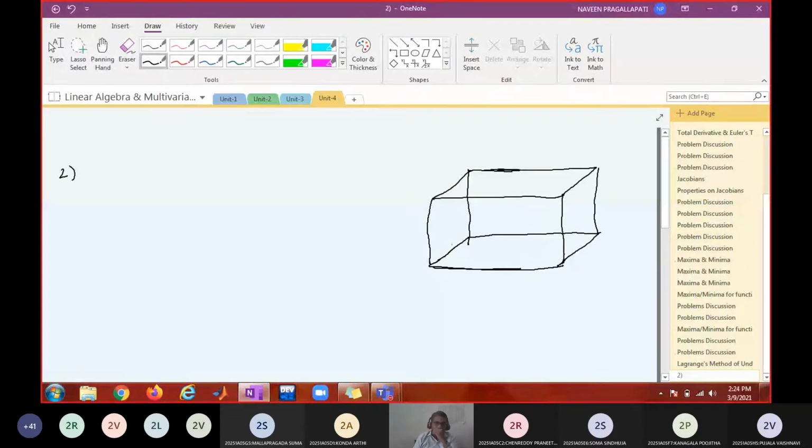I'll call this X, this Y, and this Z. What is given? Given that V equal to xyz equal to 32 cubic feet.